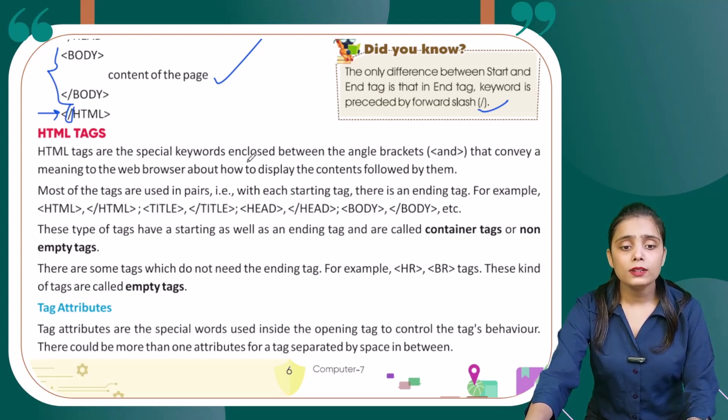So HTML tags are special keywords enclosed between angle brackets that convey a meaning to the web browser about how to display the content followed by them. Most of the tags are used in pairs, that is, with each starting tag there is an ending tag. For example, HTML opening tag and ending tag, title opening tag and ending tag, head opening tag and ending tag, body opening tag and ending tag.